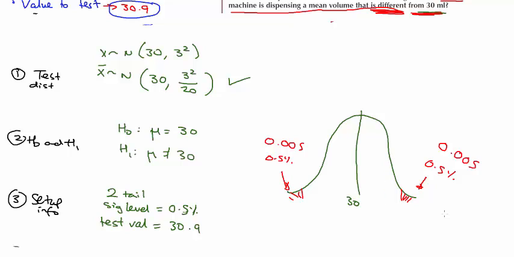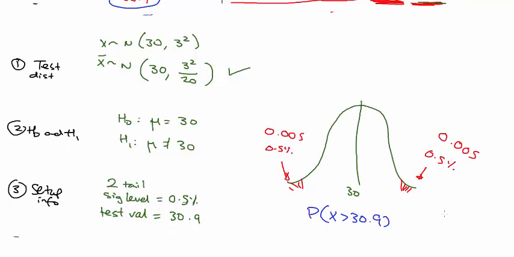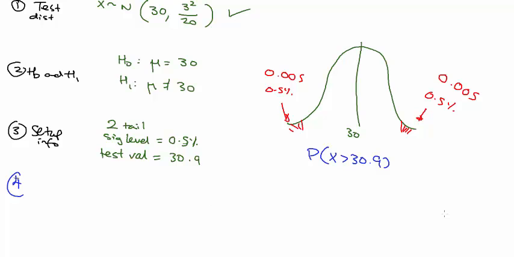To figure that out, we need to test the probability of x greater than 30.9 and see what value we get.